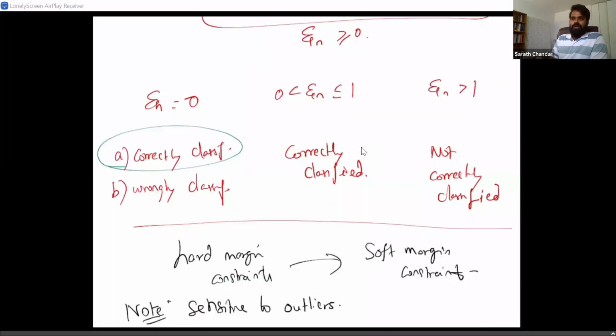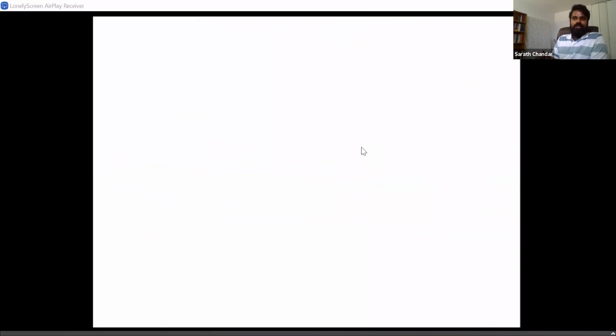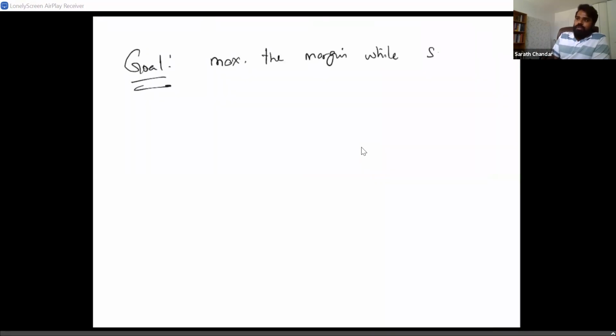Now let's write the objective function for this soft max margin formulation. The goal here is to maximize the margin while softly penalizing points that lie on the wrong side.